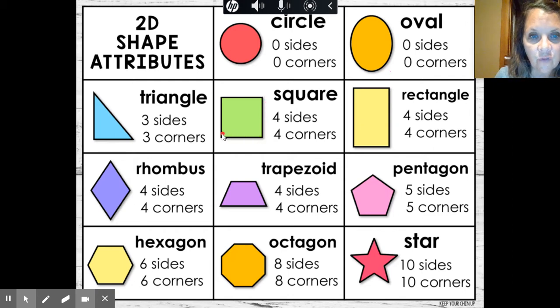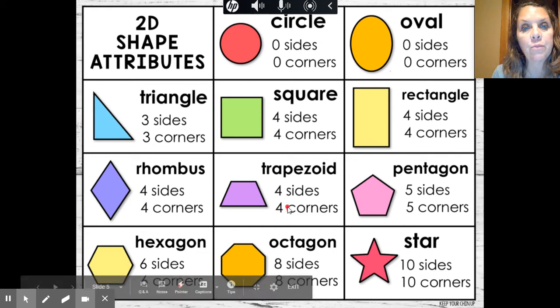Each of these 4 squares are exactly the same size, whereas the rectangle has 2 long sides and 2 short sides. So a square is actually a rectangle, but a rectangle cannot be a square unless all 4 sides are the same size.